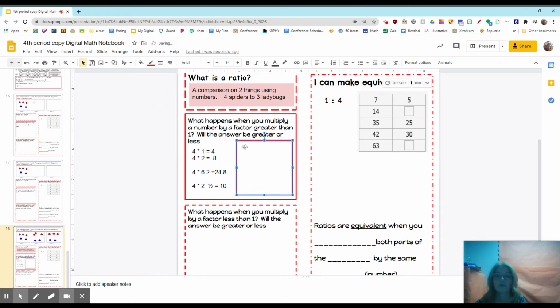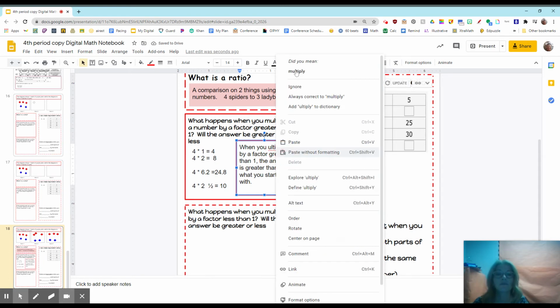So when you multiply by a factor greater than 1, the answer is greater than what you started with. Remember to pause the video as you go so that you can keep track of everything.